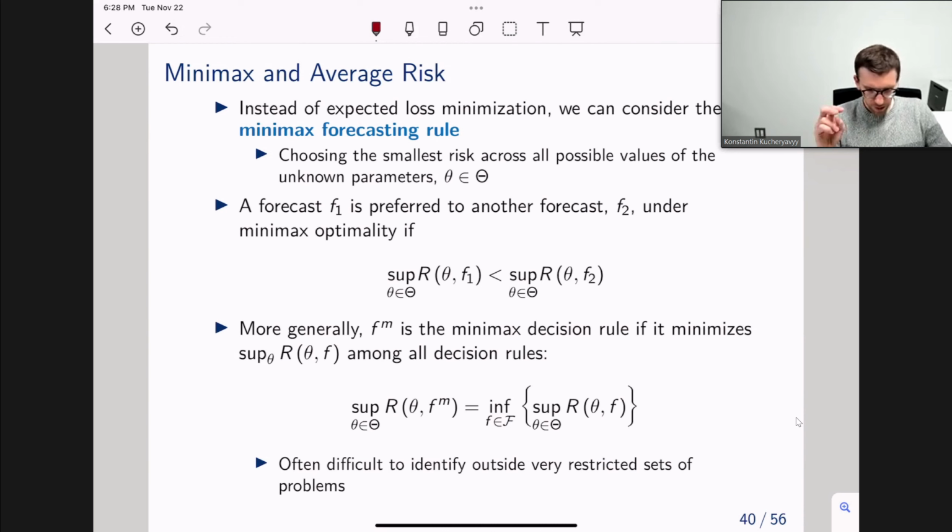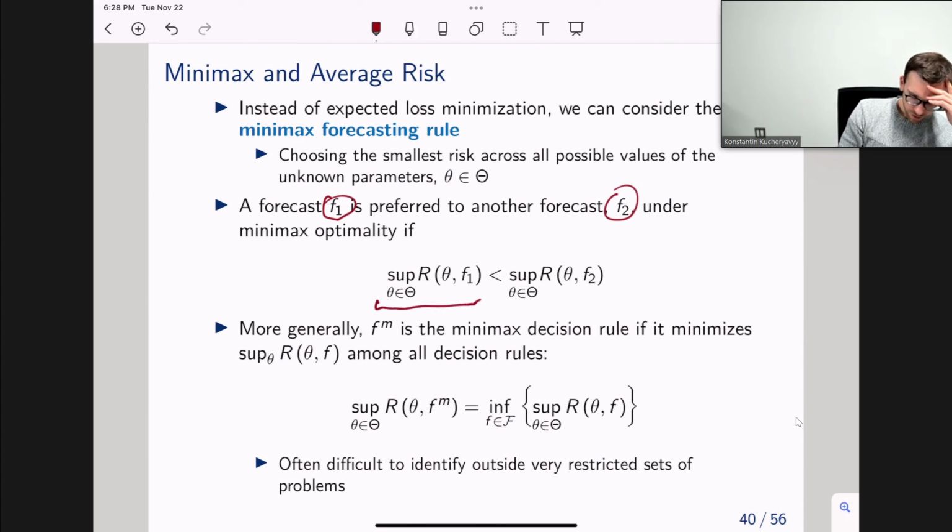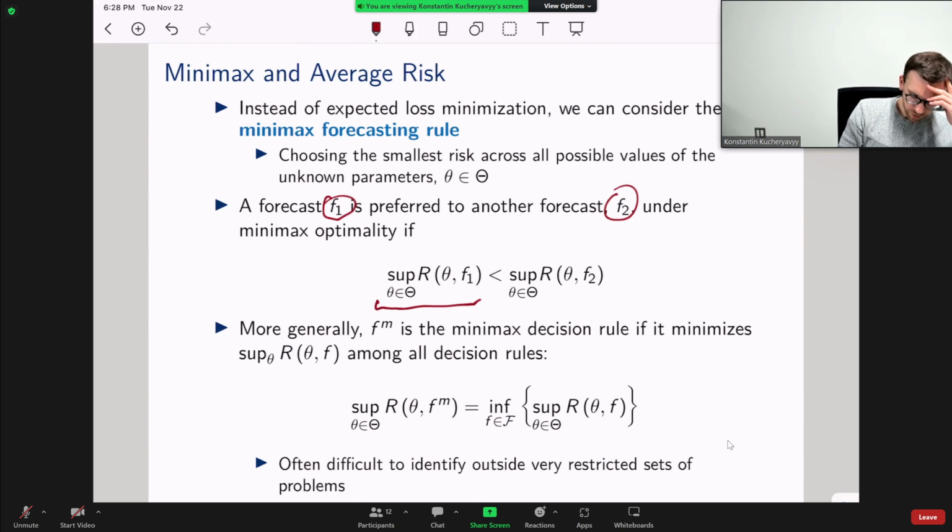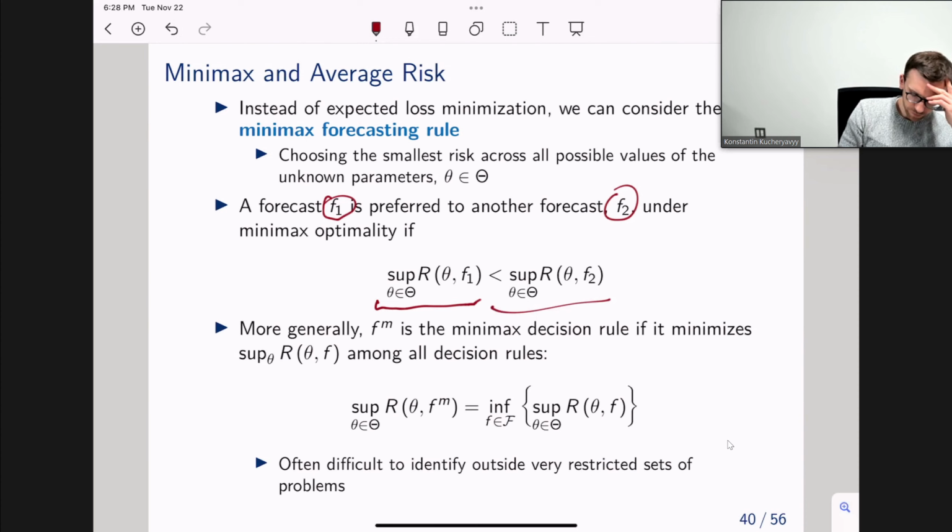And then we say that one forecast f1 is preferred to another forecast f2 if the supremum over all parameter values of the risk for f1 is lower than for f2.